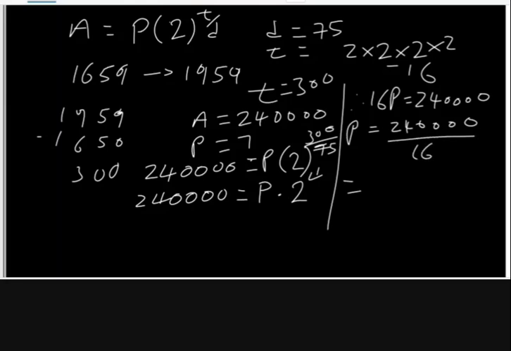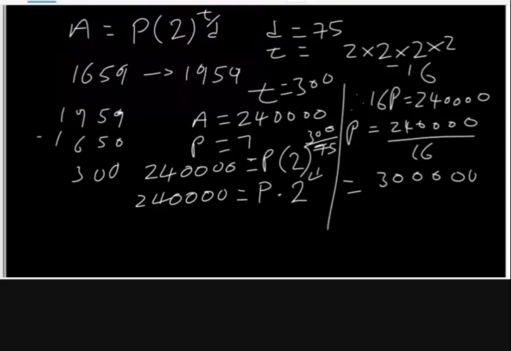I can use 8 here now. 8 into 240,000 is going to give us 30,000.